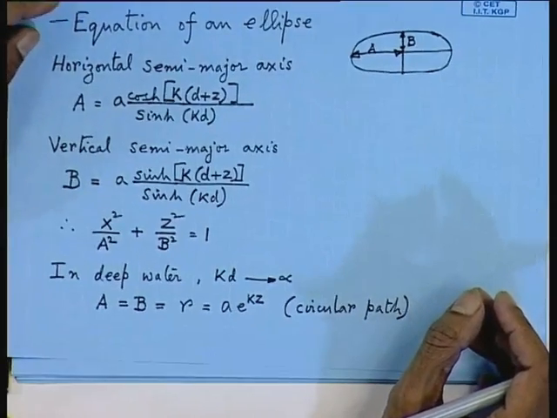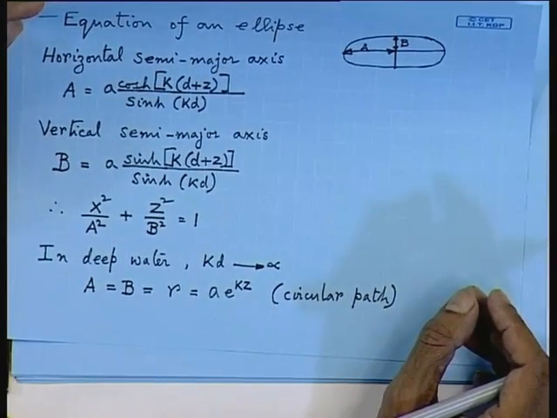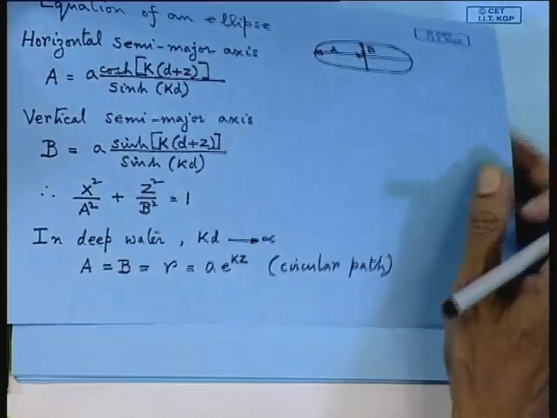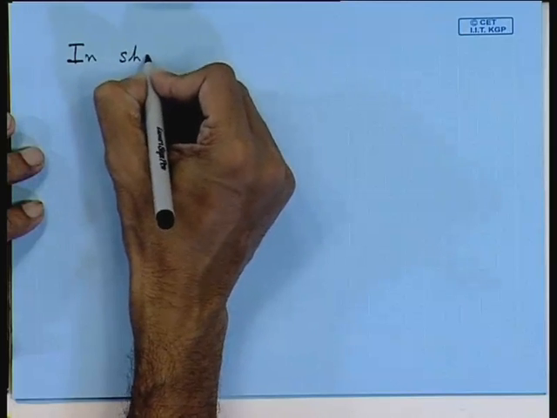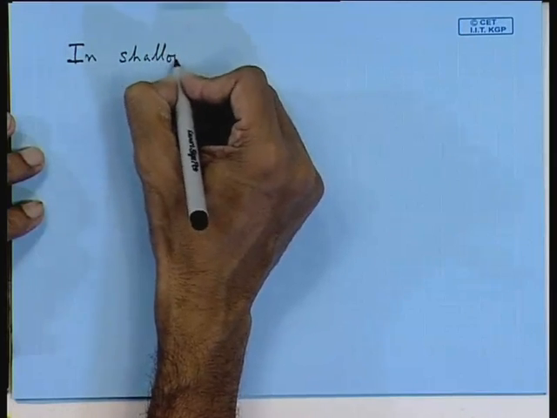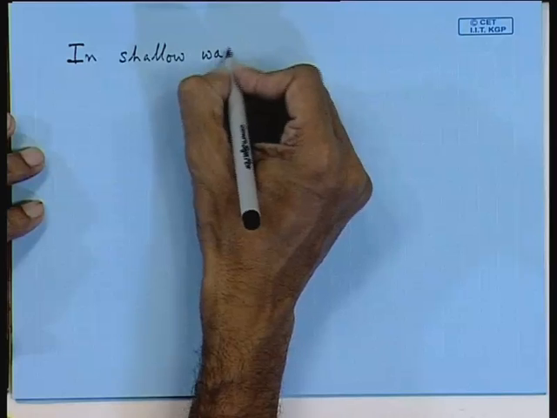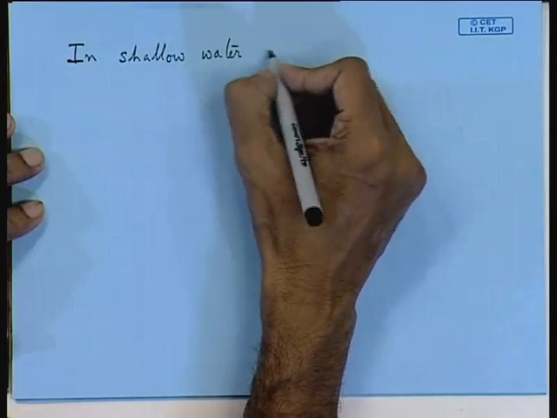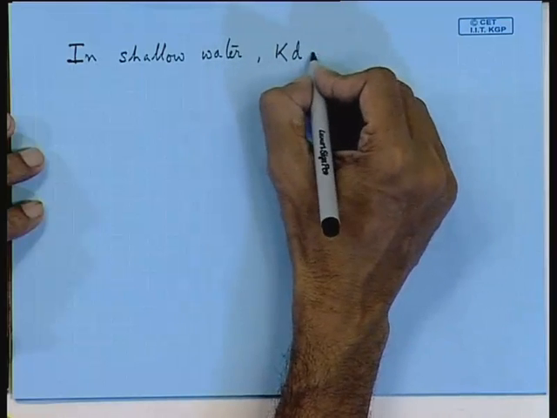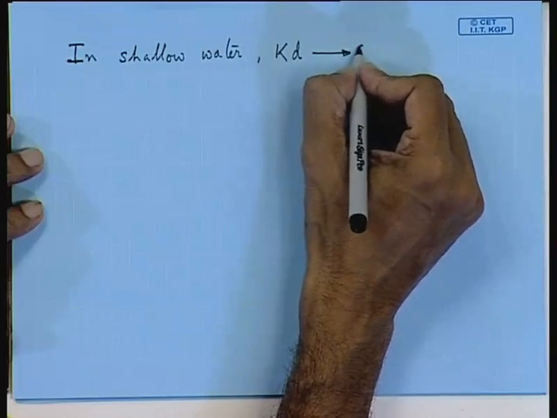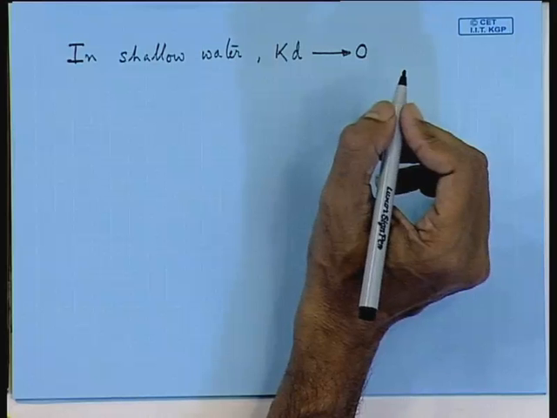Now, in shallow water, what is happening? What is the value of k d? k d will obviously tend to 0 for small values of d.